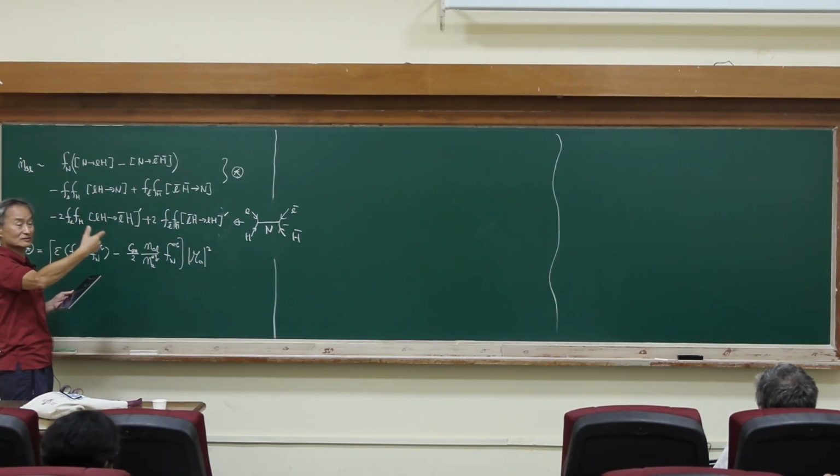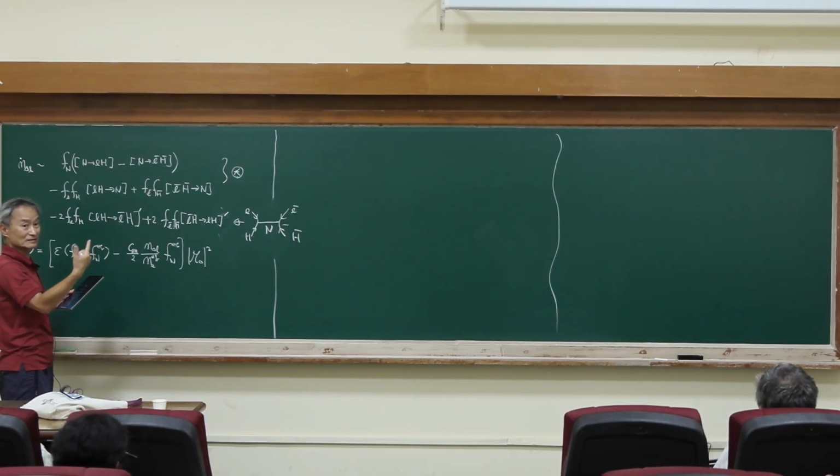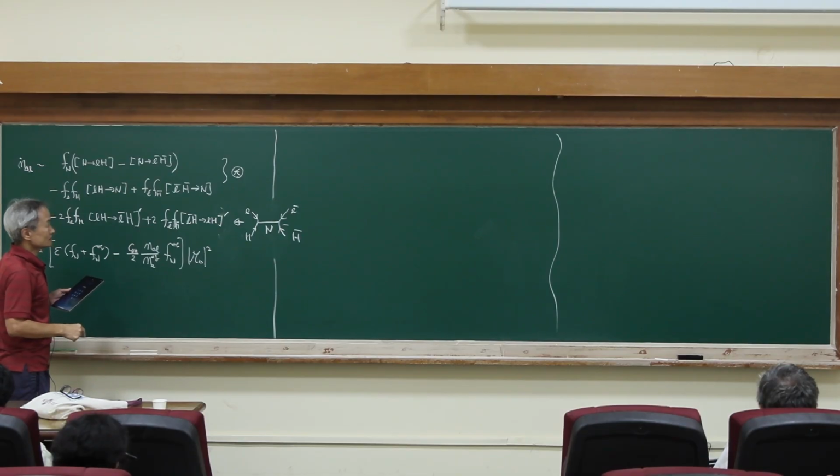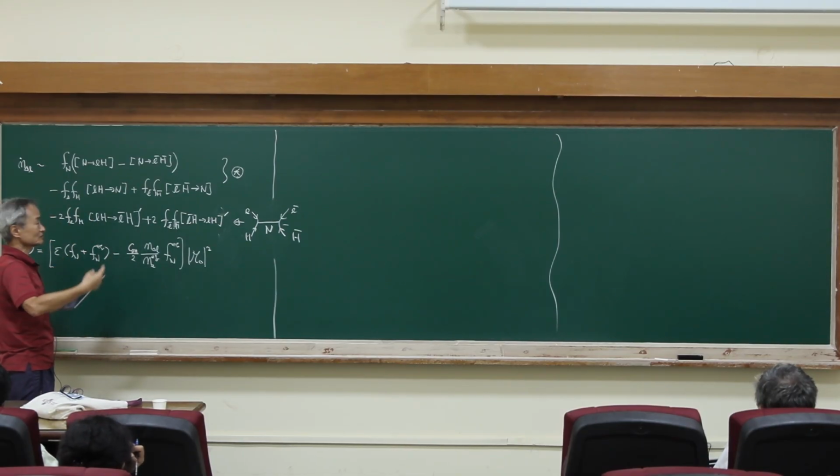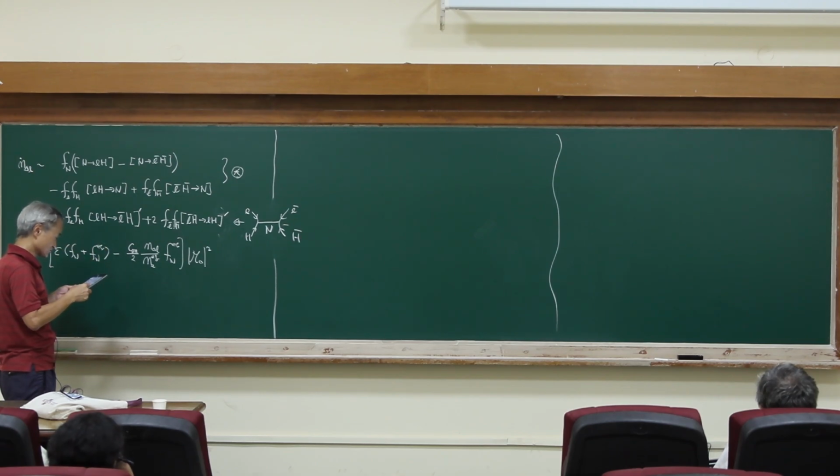Also there is ΔL equal 1 process involving top Yukawa and gauge coupling and so on. To be complete, we have to include all of those, but let us not discuss all these contributions. They usually give a small correction in many cases.